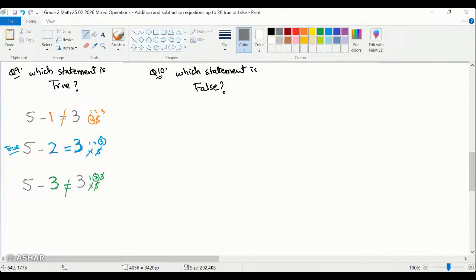The first example says 10 minus 6 is equals to 5. 7 plus 4 is equals to 12. And the last statement is 8 minus 3. Okay, sorry. Let's make it 11 over here.